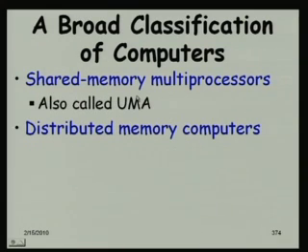So, the shared memory multiprocessors are also called uniform memory access computers. Why is that? What is the implication? I mean, why are these called uniform memory access computers? The time to access the primary memory from all the processors will be the same.